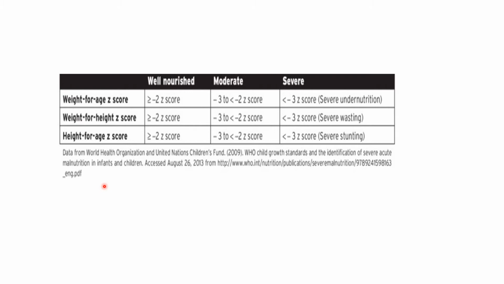By seeing the Z score table, we can assess the nutritional status, in which standard deviation the child comes, and whether it is a normal condition, or the child is severely, moderately, or mildly malnourished.